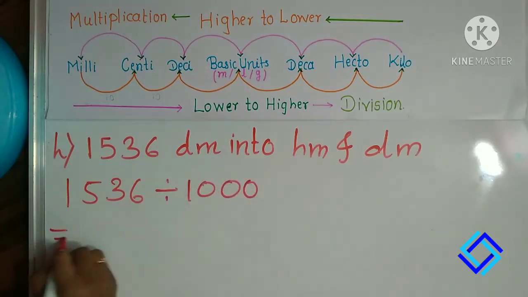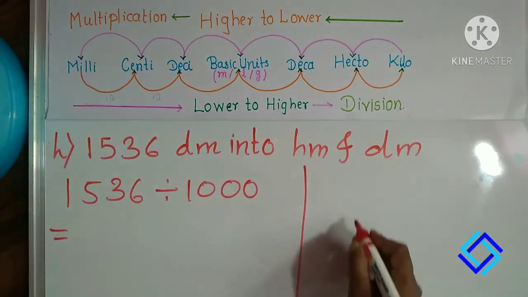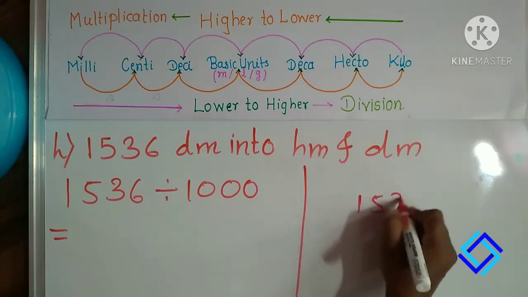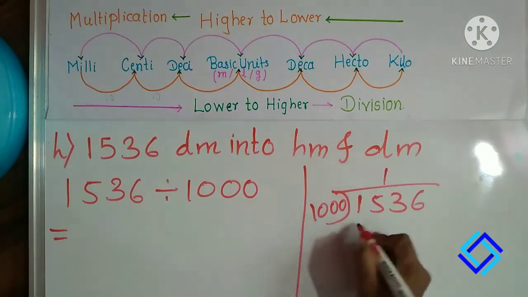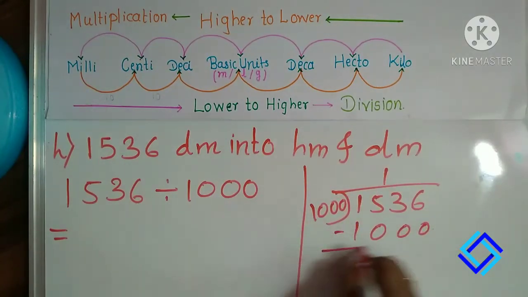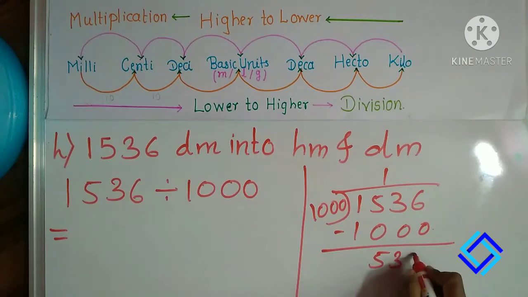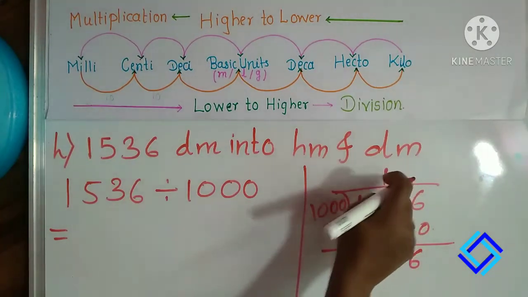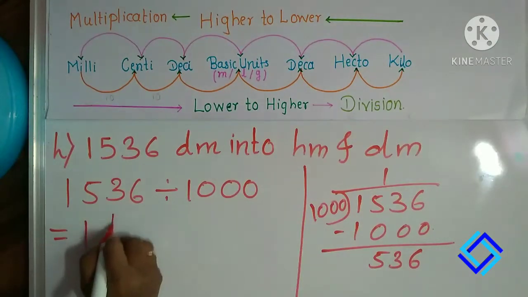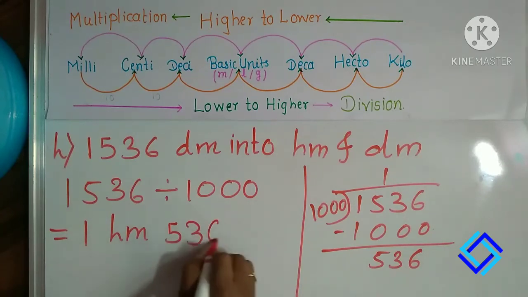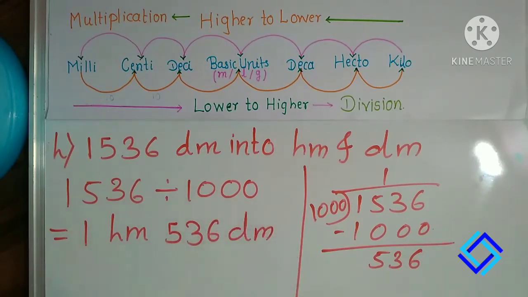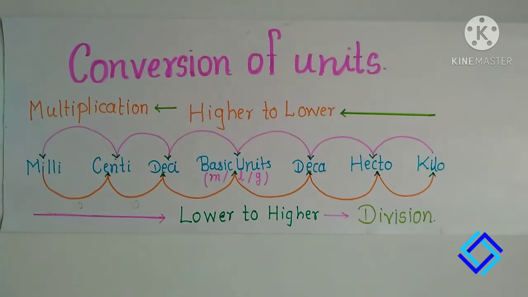If you divide it by 1000, you will get the remainder as 536. Your quotient is 1, so it's equal to 1 hectometer and 536 decimeter. So students, here we learned some conversion of units.